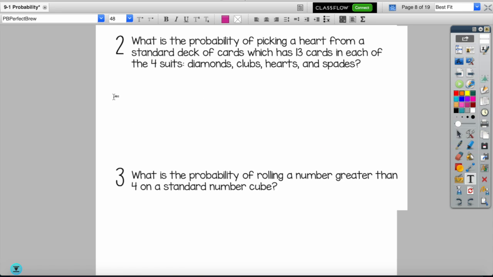It says, what's the probability of picking a heart from a standard deck of cards, which has 13 cards in each of the 4 suits: diamonds, clubs, hearts, and spades? Well, first off, let's talk about this. If you've never played cards before in your life, there are 4 different suits in a deck of cards: diamonds, clubs, hearts, and spades. There are 13 cards of each suit in each deck of cards.